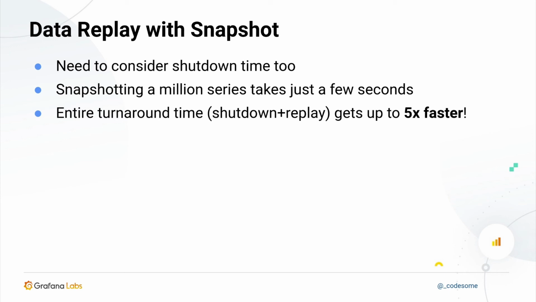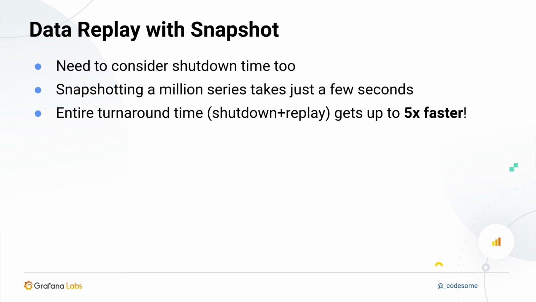To give you some realistic numbers, when we ran this using Prombench and restarted the Prometheus server, without this snapshotting but with the memory mapping, the replay was like 2.5 minutes, and with the snapshotting in place, the entire turnaround time was like less than 30 seconds.